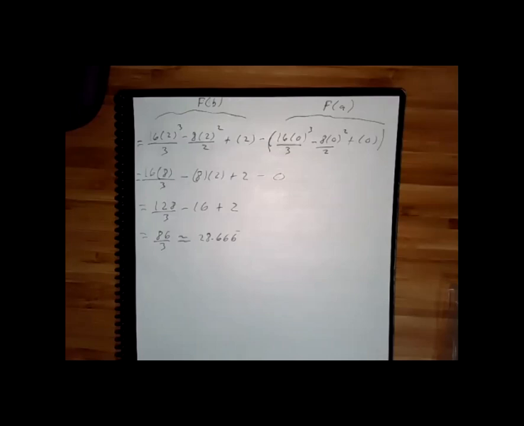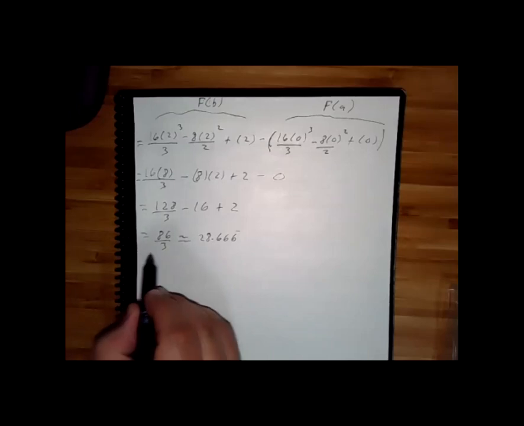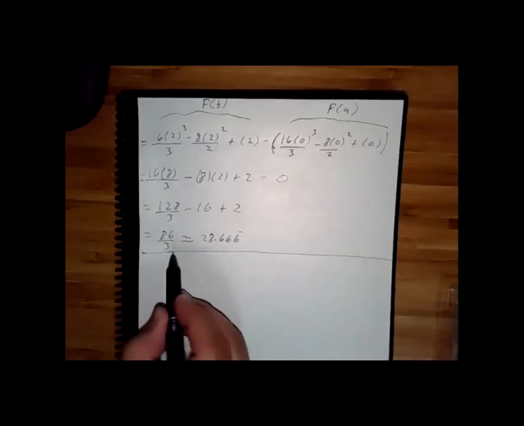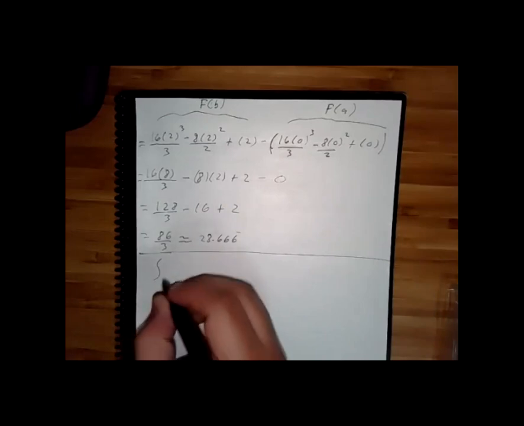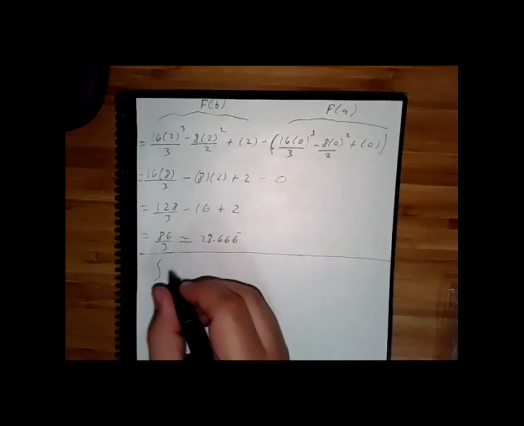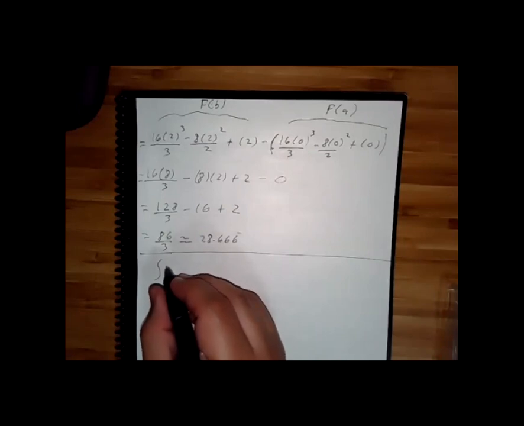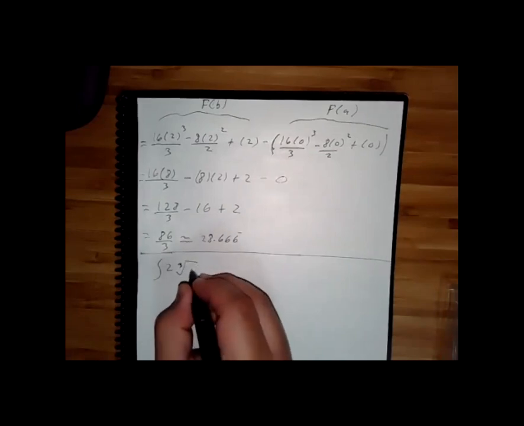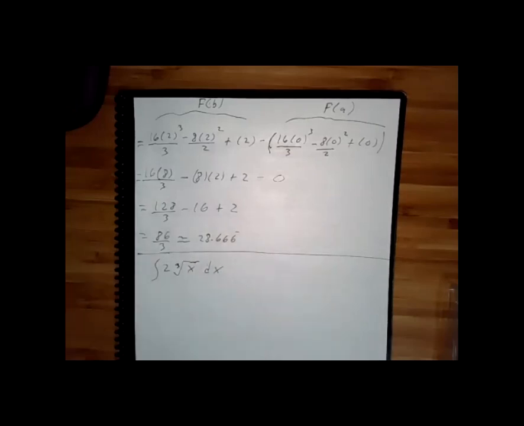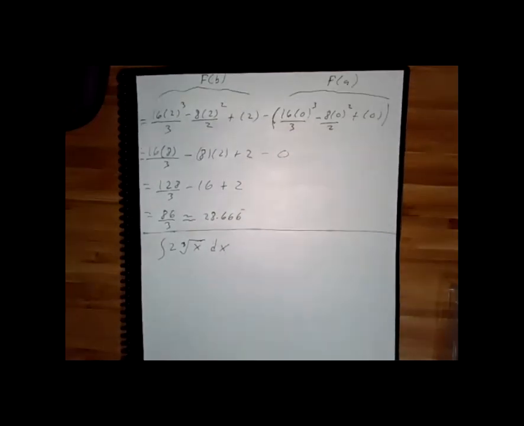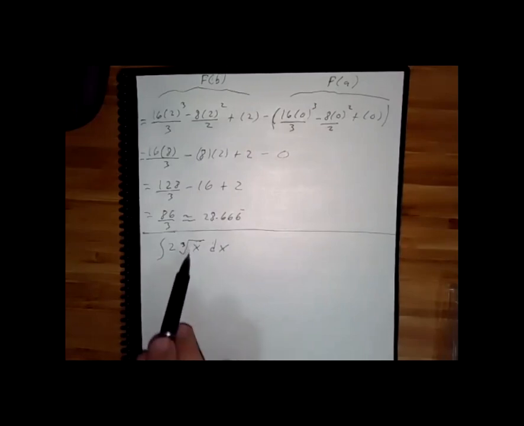Let's do some that have square roots. So if you have an integral of, let's say, 2 times the cube root of x dx, you have to change this into a power first to apply the power rule.